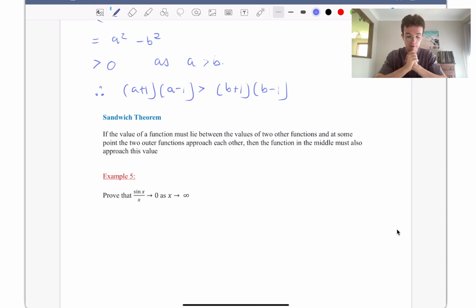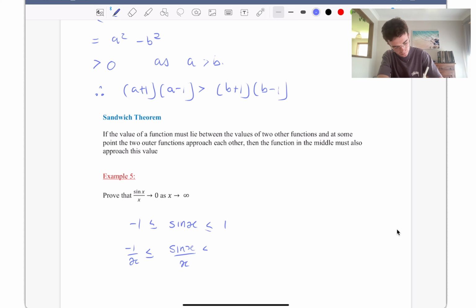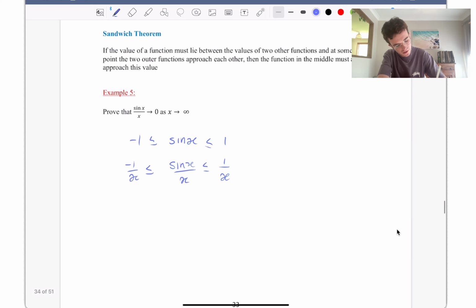So we know that sine of x lies between minus 1 and 1, which means that minus 1 on x would lie between sine of x on x, dividing everything by x. However, we're looking at approaching infinity.